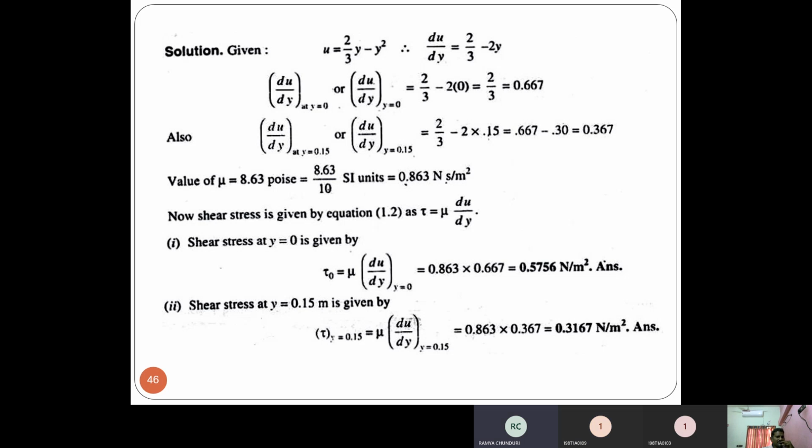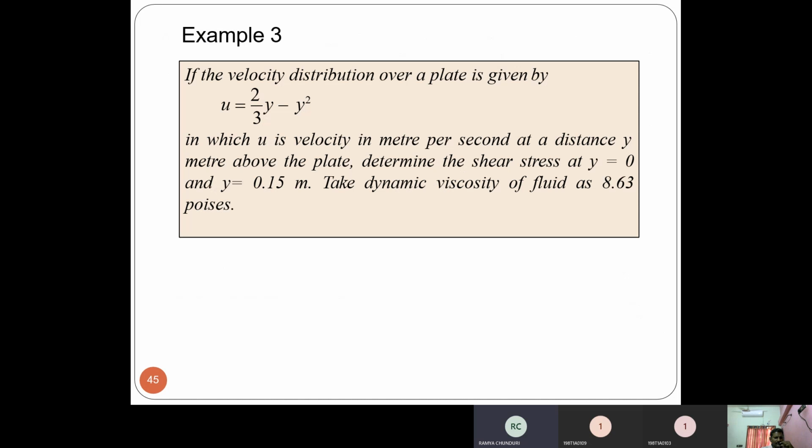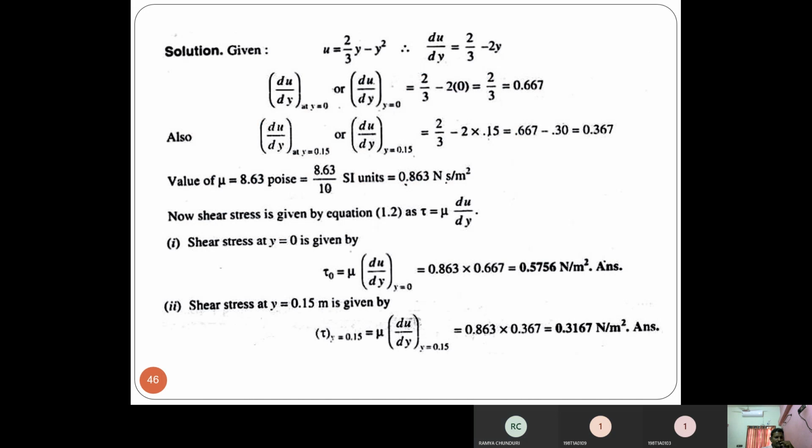And what did he ask us? Determine the shear stress at y equal to 0 and y equal to 0.15. So we are calculating the rate of shear strain, du by dy, at y equal to 0.